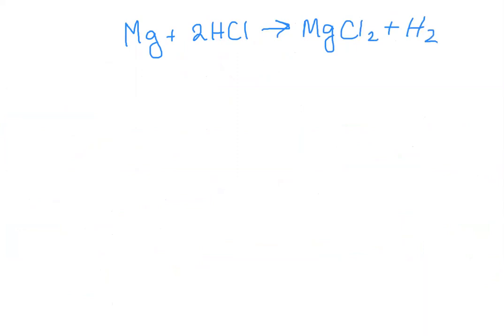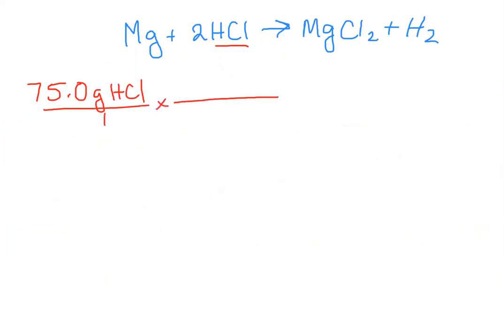Since we found that HCl was our limiting, that's what we're going to start with. 75.0 grams. Grams HCl, grams HCl. What do you always do when you're given grams? You change it to moles. So we're changing our grams of HCl to moles of HCl. A 1 goes there. This number comes from the periodic table.